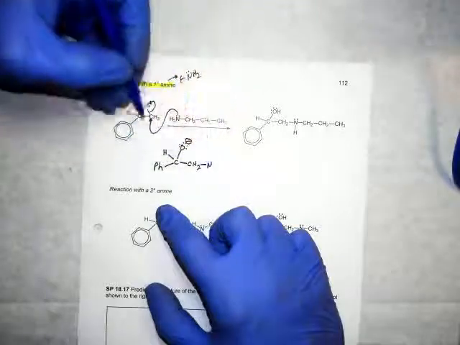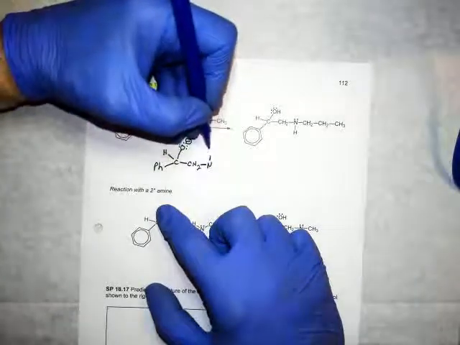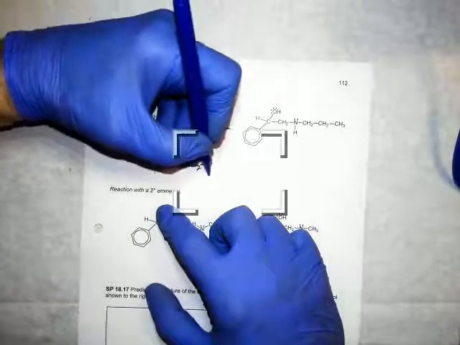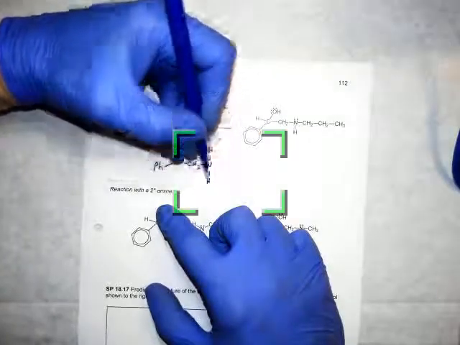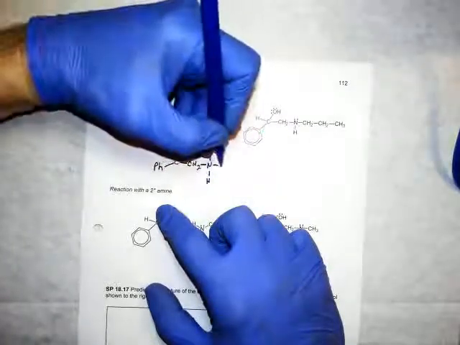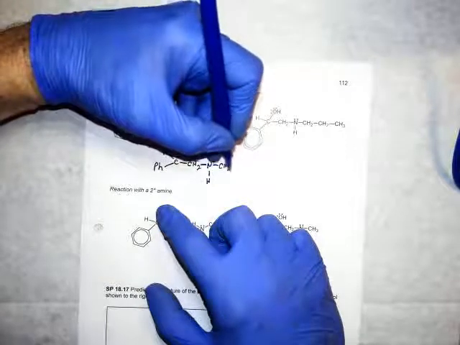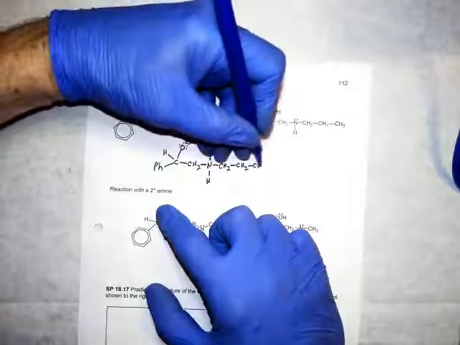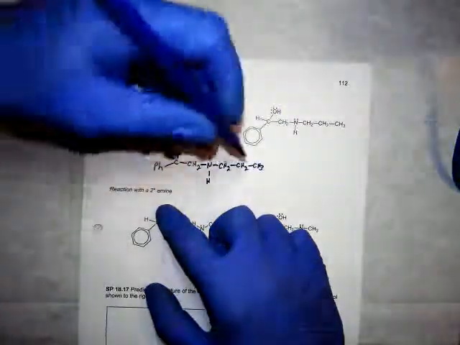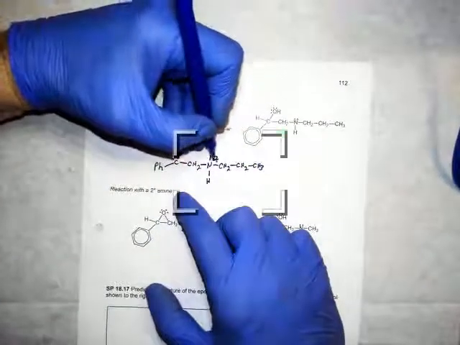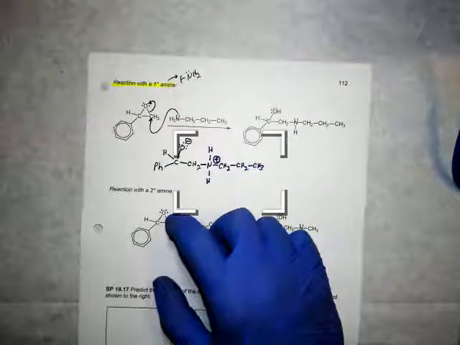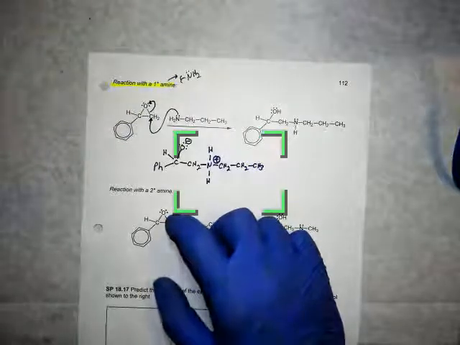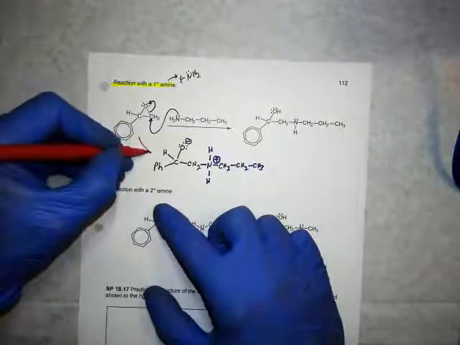Here's a nitrogen that attacked as a nucleophile, and it has 2 protons because it was an NH2, and it also has 3 carbons. And there's the plus charge. So that's what happens when the nucleophile attacks there.